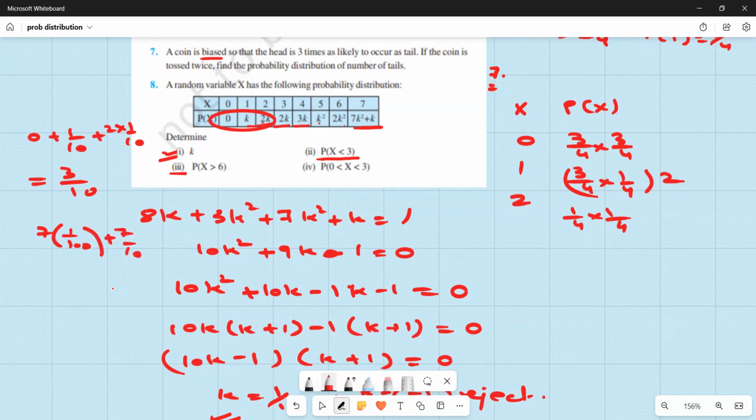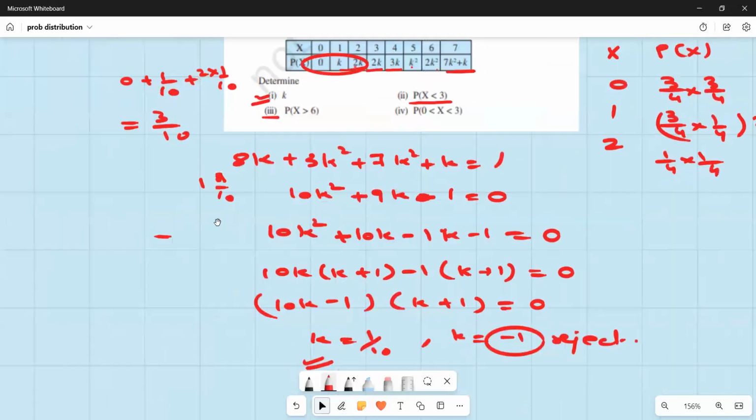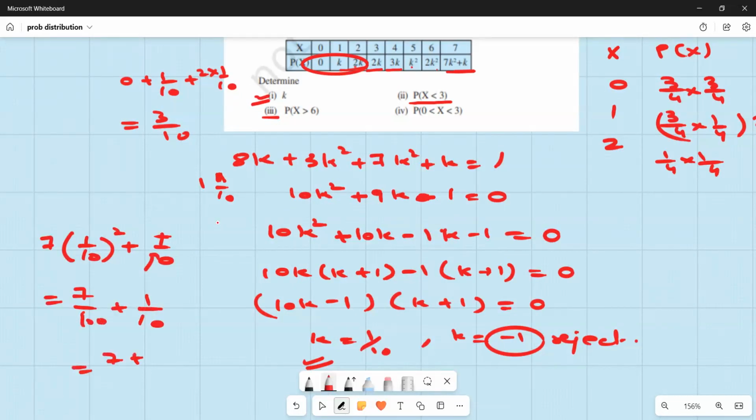Sorry, k is 1 by 10. 7 into 1 by 10 square plus 1 by 10. So that is 7 by 100 plus 1 by 10. So that is 7 plus 10 by 100, 17 by 100.